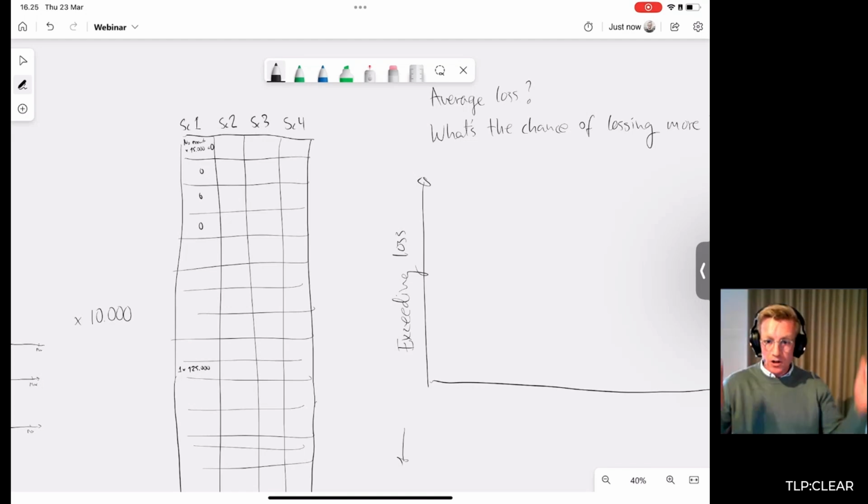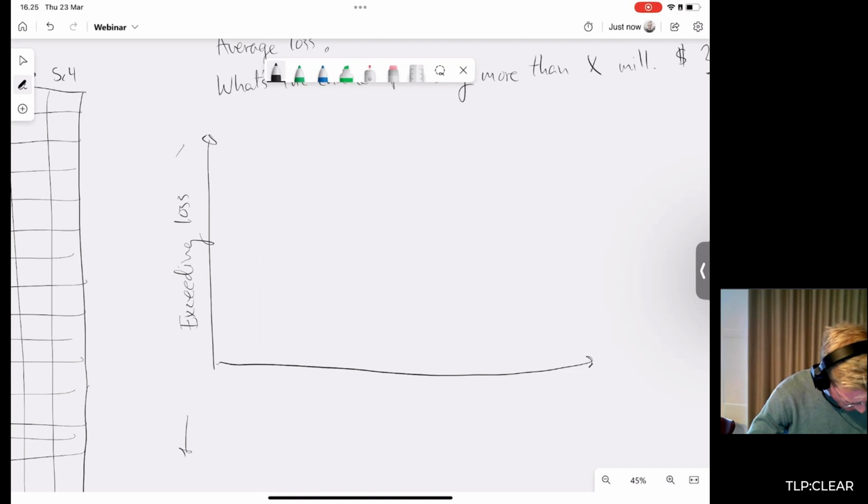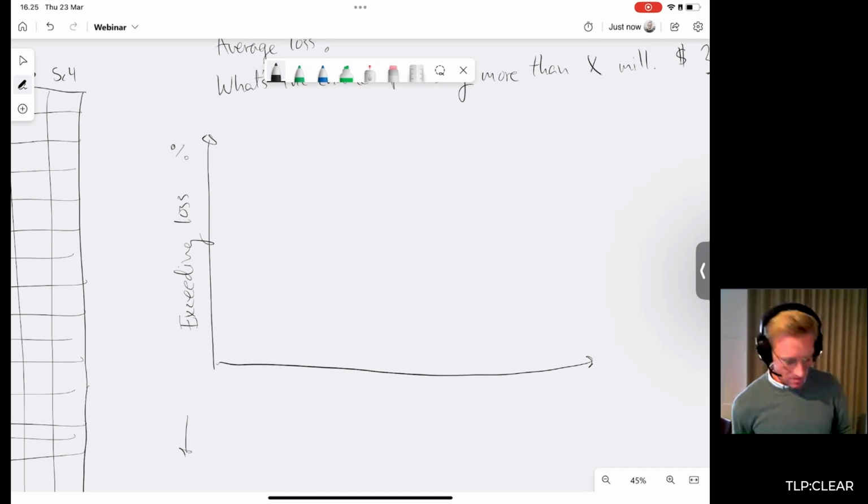And if you do this for all numbers, you can actually make what we call a loss exceedance graph. So here we have the percentage of the 10,000 trials that exceeded some amount, and the amount is down here, right? That's going to be my monetary value here.